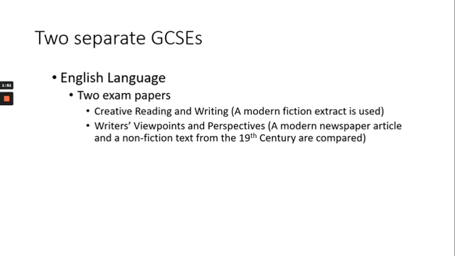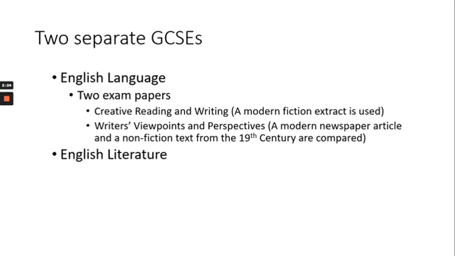Like the first paper, the first half of that is reading extracts and answering questions on them. There's once again 4 questions. And the second half of that paper is writing something that will communicate your own viewpoint and your perspective on a topic. So it could be writing a speech, writing a letter, writing a blog post, that sort of thing. So once again you get to use your kind of argumentative skills in writing.